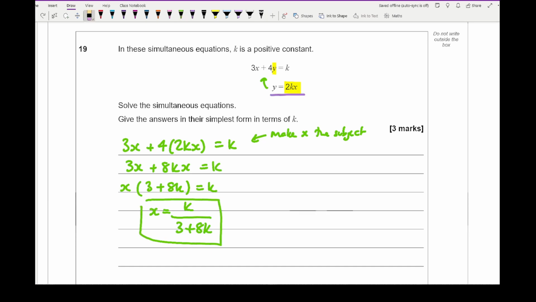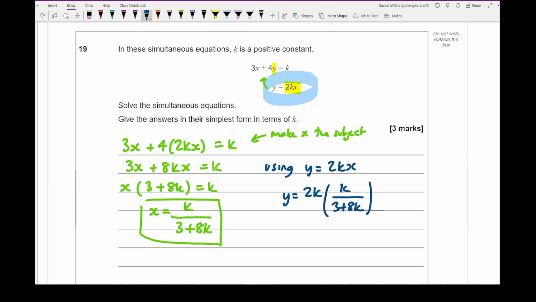Now that we've found the value of x, all that's left for us to do is find the value of y. To find the value of y, I need to use this expression here. Using y equals 2kx, we know that x equals this expression here, so I've got y equals 2k multiplied by k over 3 plus 8k.